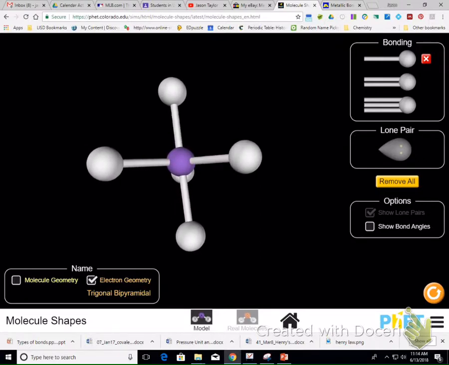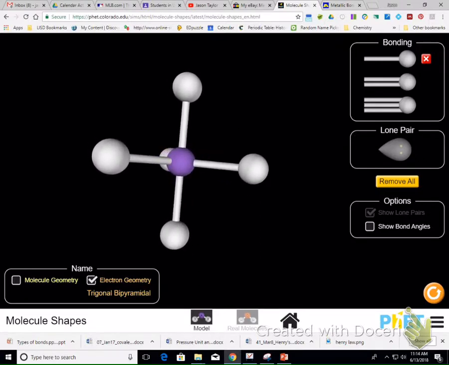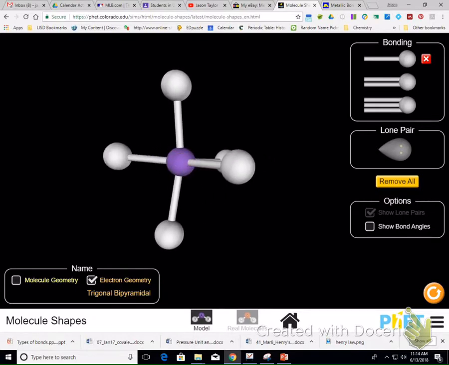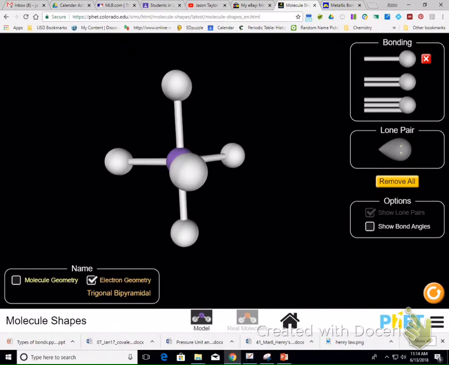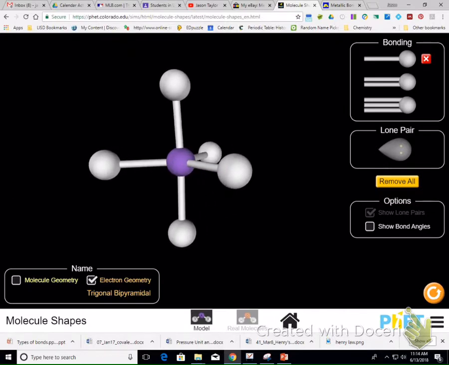This equatorial position in this geometry is really just trigonal planar around the center, and they're 120 degrees apart in this equatorial position. So we have a combination of bond angles in this electron domain geometry. We have the 180 between the axial positions, we have the 120 between the equatorial positions, and then we have 90 degrees between an axial and an equatorial domain.